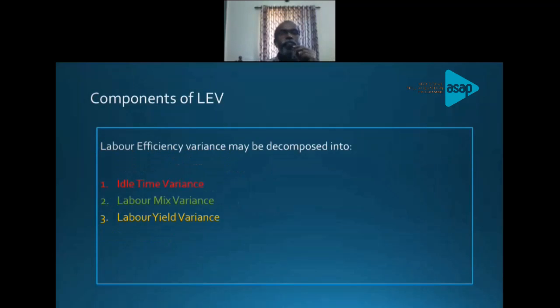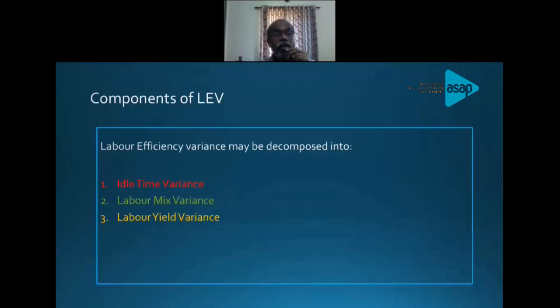Always remember, labor efficiency variance may be decomposed into three different variances: idle time variance, labor mix variance, and labor yield variance.